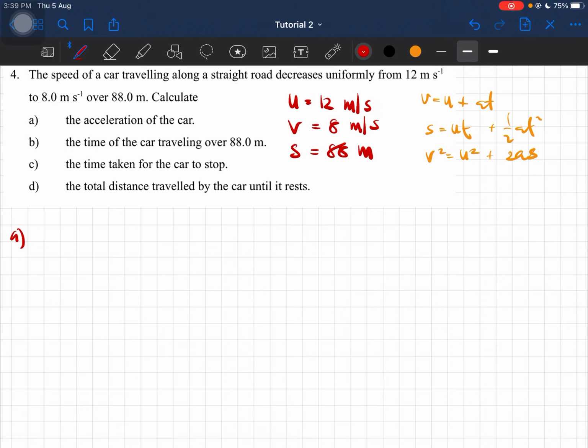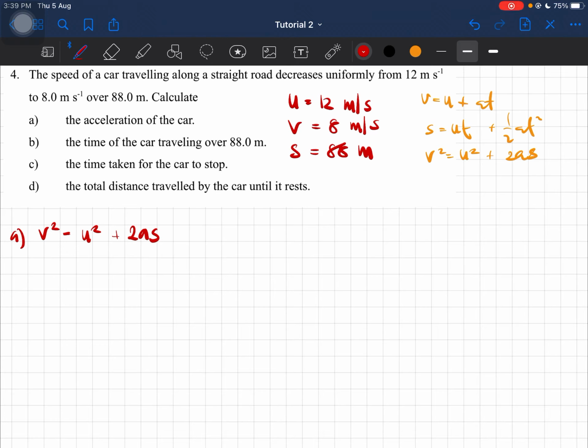All of it has acceleration. However, we only have specific amount of information in which these two formulas have to have the time, which we don't have. So we are going to use this formula.